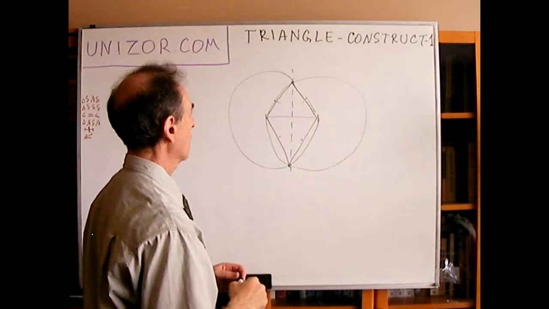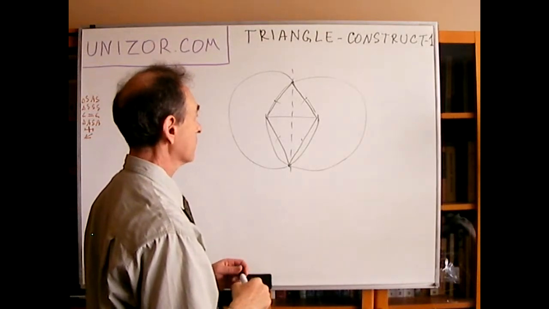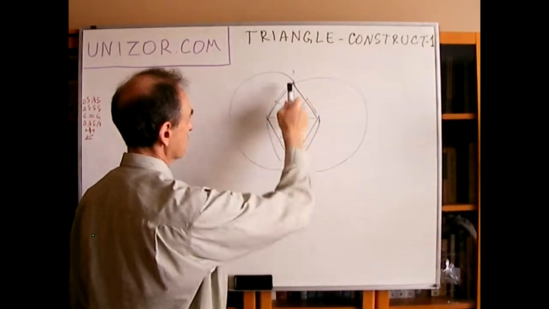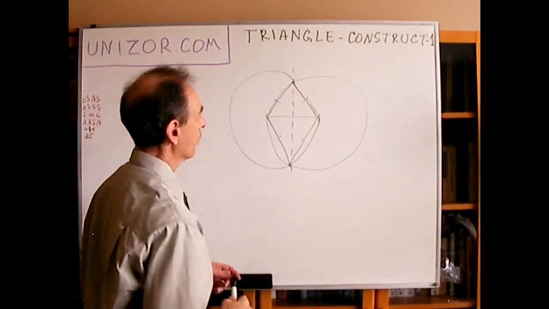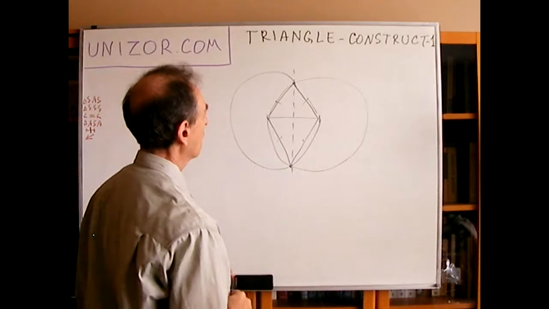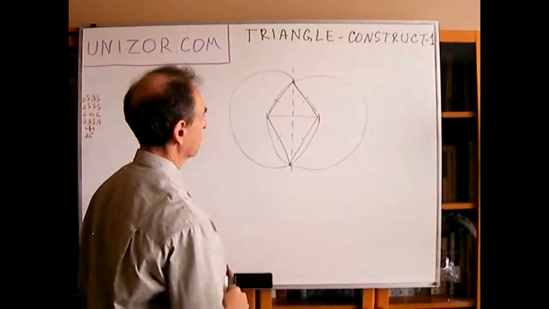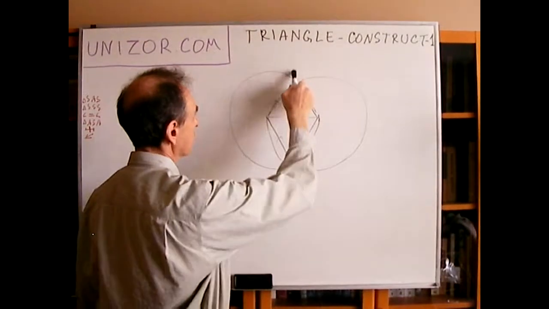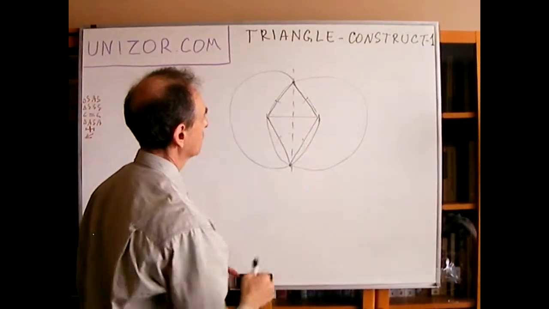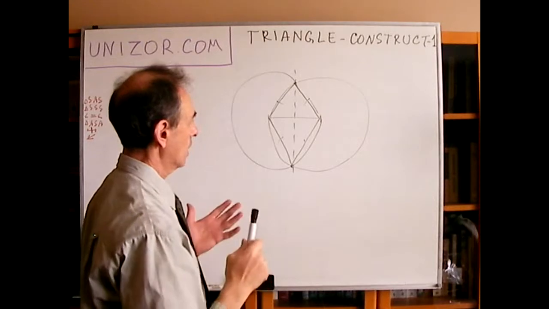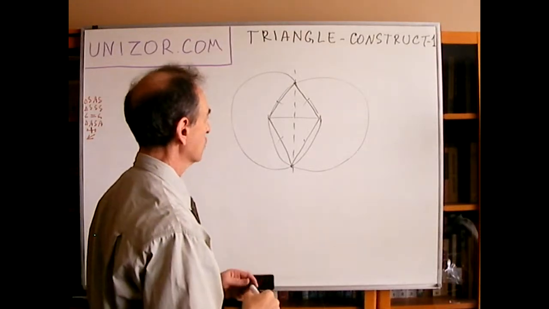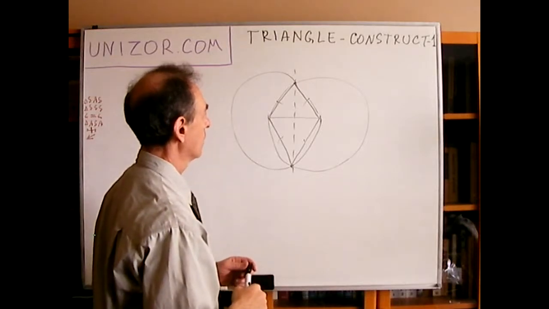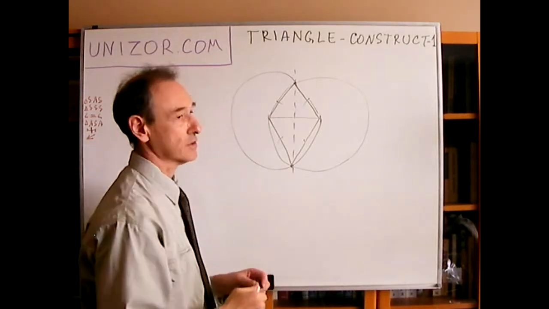Okay. If that is true, then if we draw the line between this point and this point, which we already have, and just connect these 2 points together, we will have this dotted line, which is what I would like actually to prove, that this line is a perpendicular bisector.